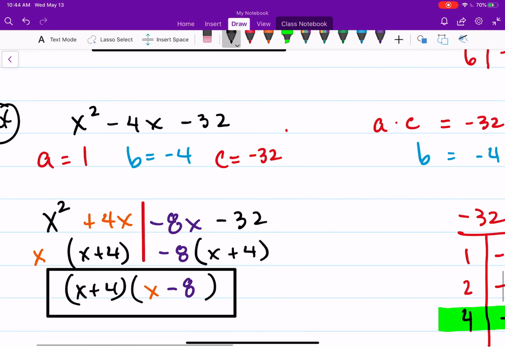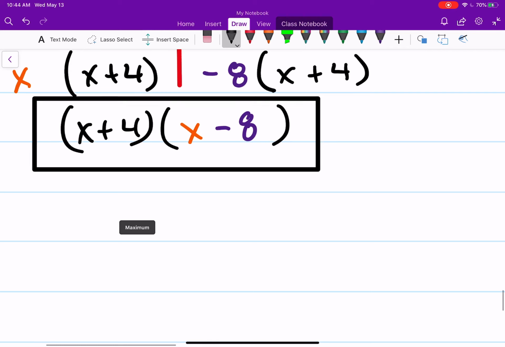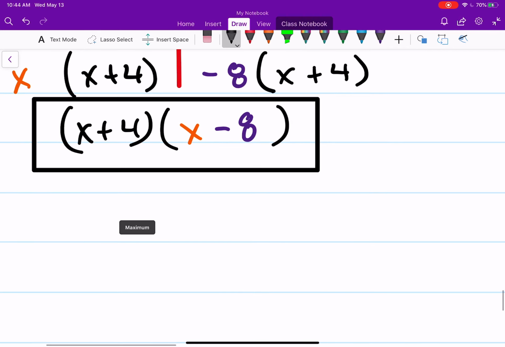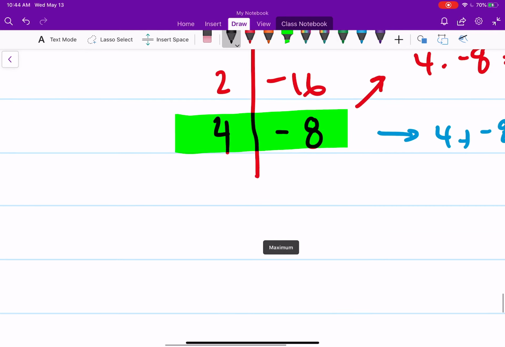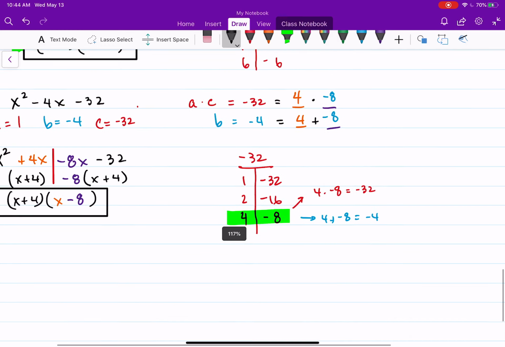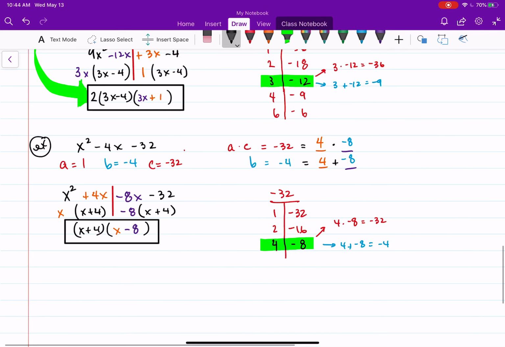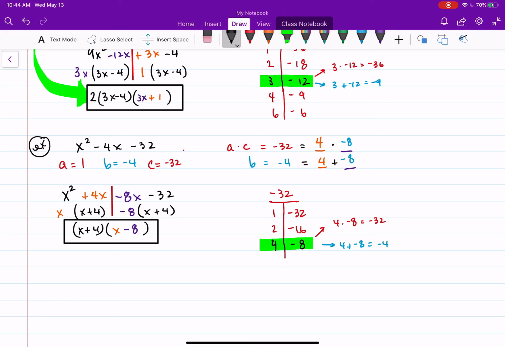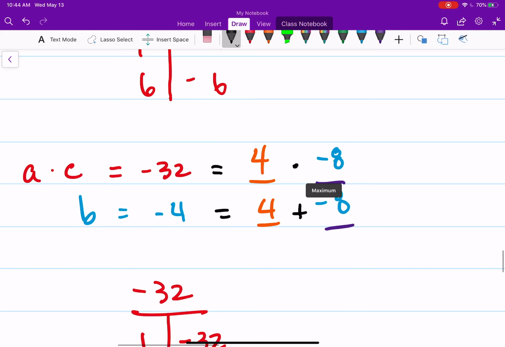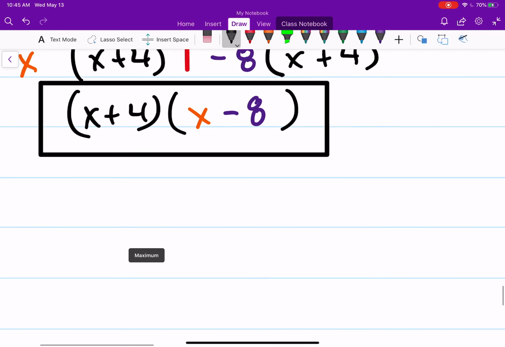And because a is equal to 1, look at these two numbers, positive 4, negative 8: plus 4 minus 8. So this only works when a is equal to 1. You could essentially do the first step and go directly to the answer.